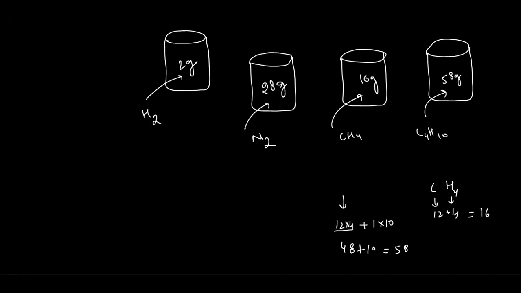You can take many other gases like carbon dioxide, 1 mole of which is going to have 44 grams, and you keep them all at the same temperature and pressure, that is NTP, normal temperature and pressure, or we can say standard temperature and pressure. And at standard temperature and pressure, tell me, what is the temperature that we generally take at STP?